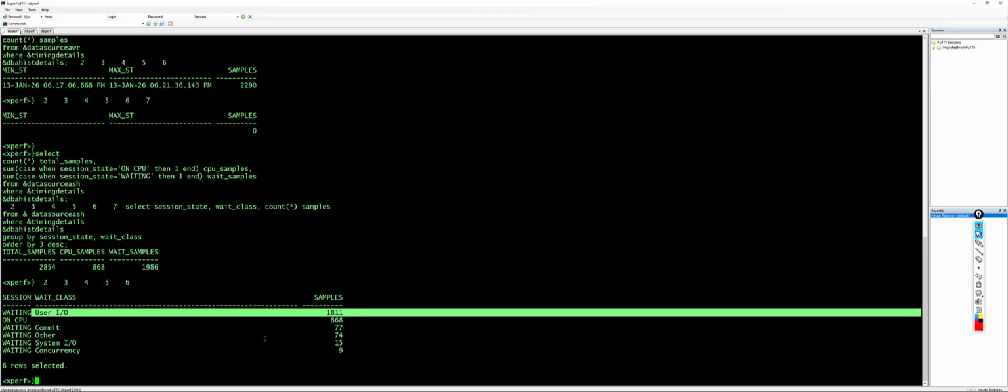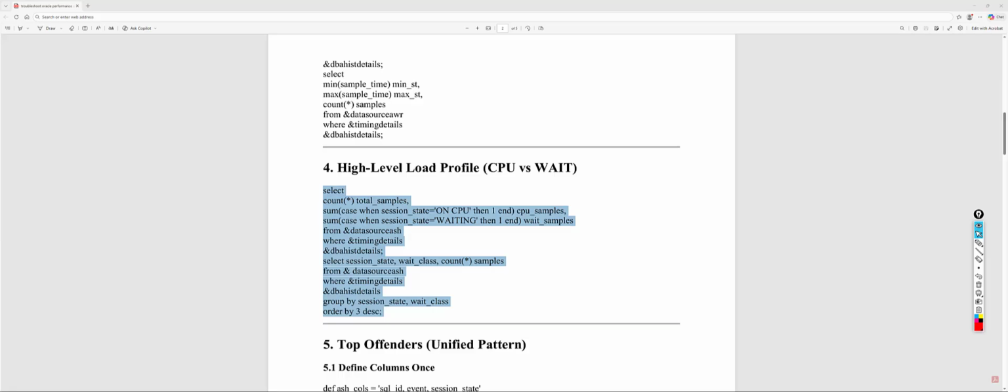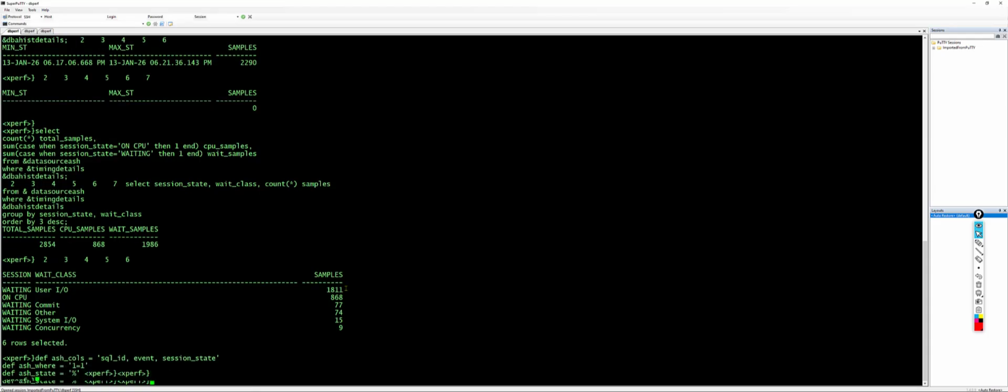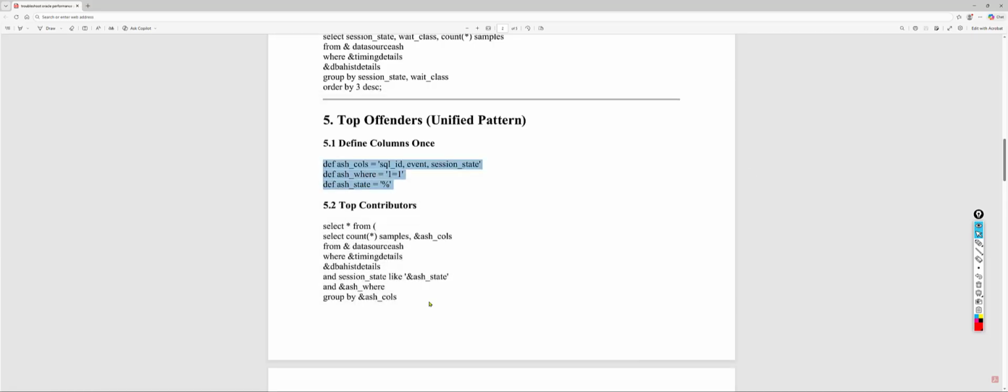Every database has to go through IO. It's not an IO issue, but without IO there is no disk and memory communication, right? So user IO is the top. Next we'll check the top offenders: what are all the SQLs which are responsible?